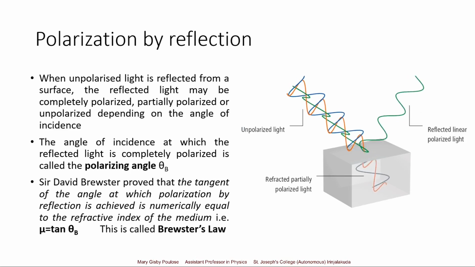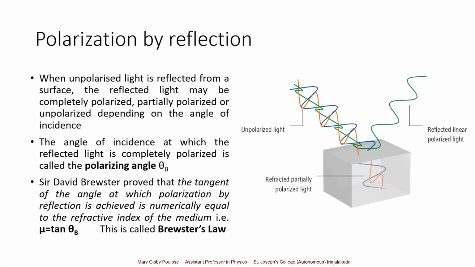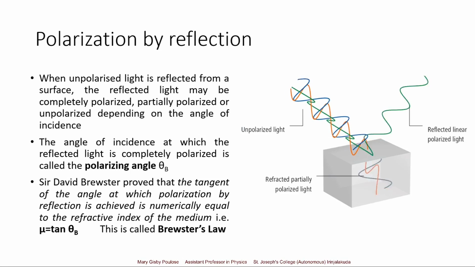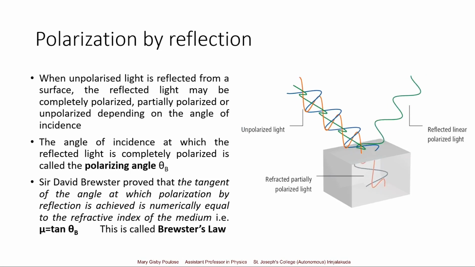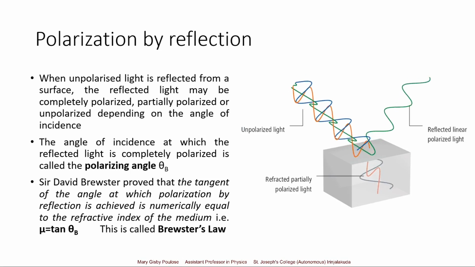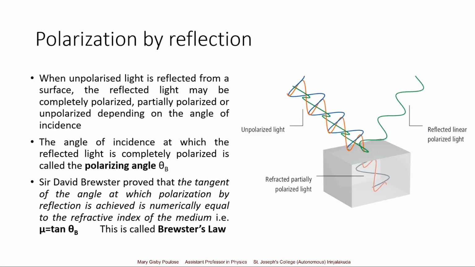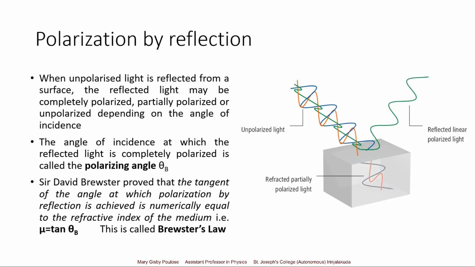It was Sir David Brewster who proved that the tangent of the angle at which polarization by reflection is achieved is numerically equal to the refractive index of the medium. He stated the mathematical principle that the refractive index mu is equal to tan theta b, and this is called Brewster's law.